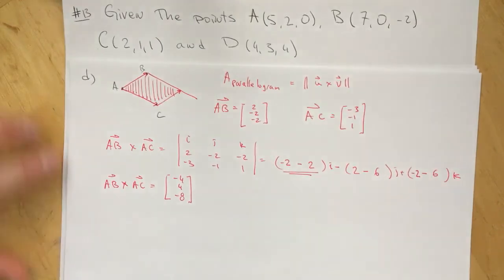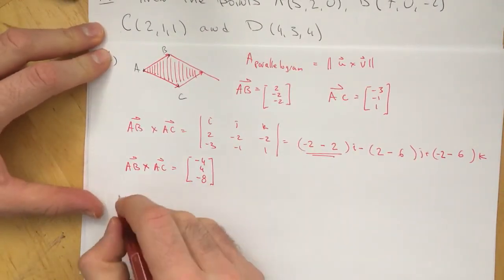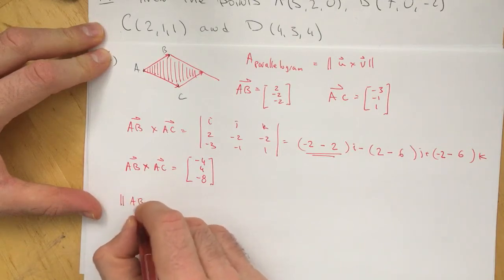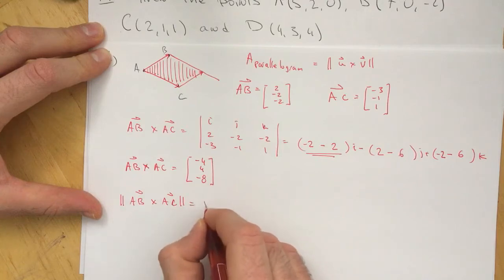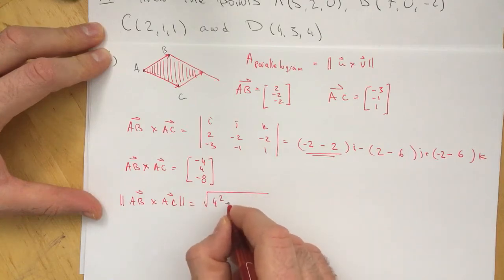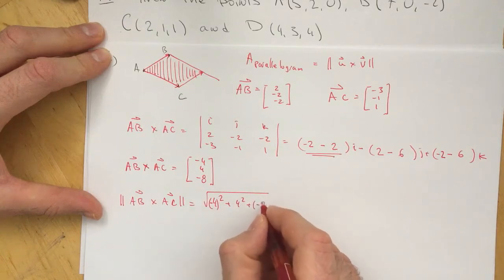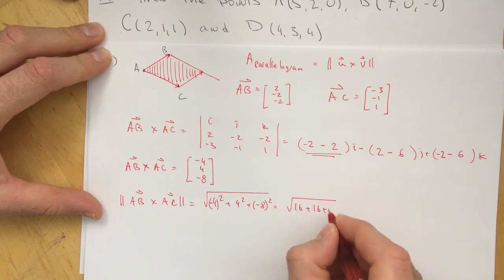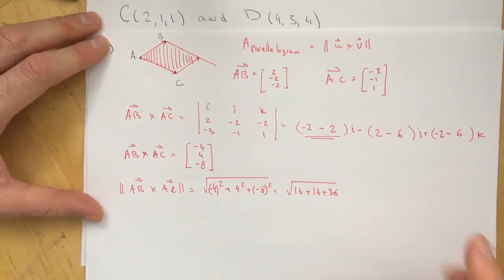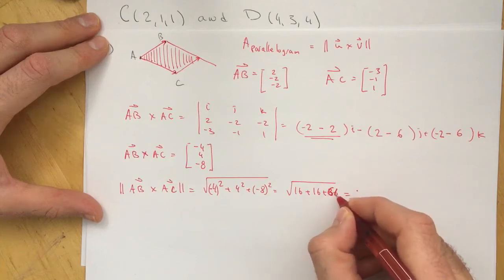Okay, if we're now looking for the magnitude of this vector, that's square root of negative 4 squared plus 4 squared plus negative 8 squared. That's 16 plus 16 plus 64, my bad.